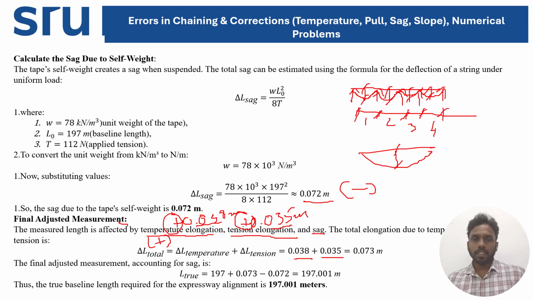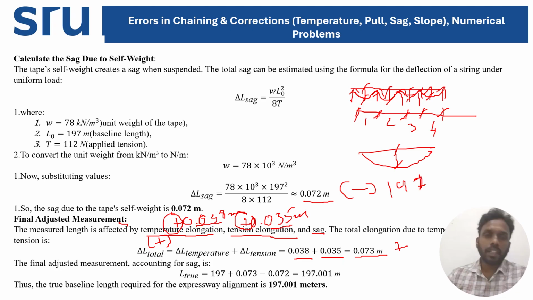As I have said, both are positive, so we add 0.038 plus 0.035, which gives you a positive correction of 0.073. This correction should be added to your total length. Your total measured length is 197 meter.